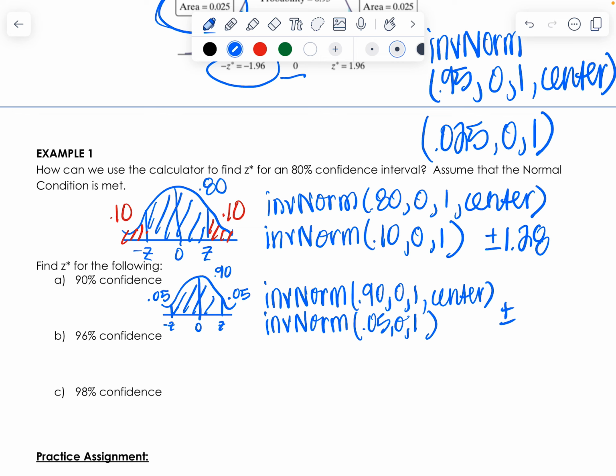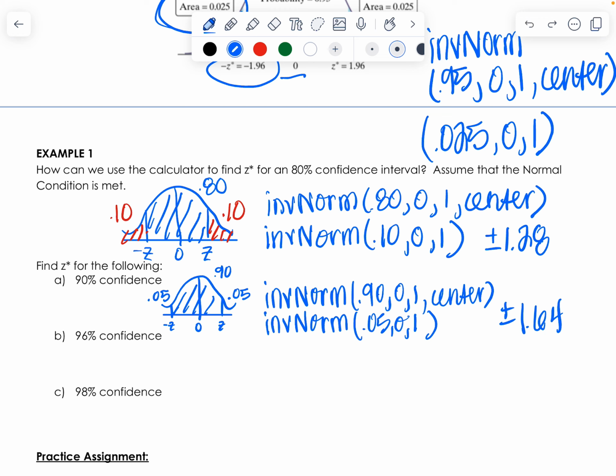plus or minus 1.64. Okay, remember that second one that I'm writing, that's if your calculator operates on batteries. So if you're borrowing one of my calculators, or you have an 83 or an older version of the 84. If you have a charger, then you can do that center tail. Okay, so the next one, we have 96%.